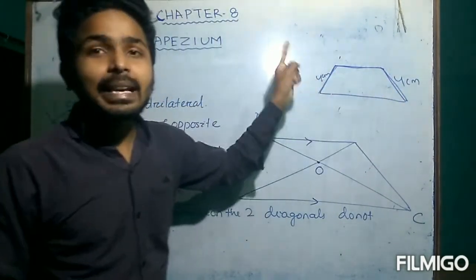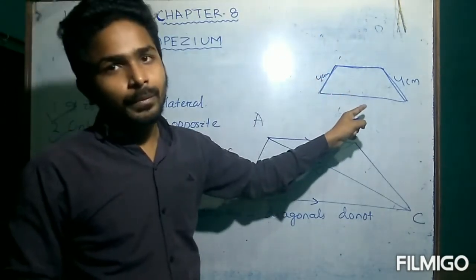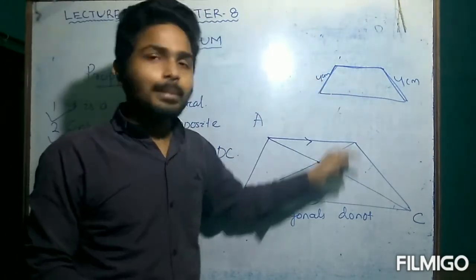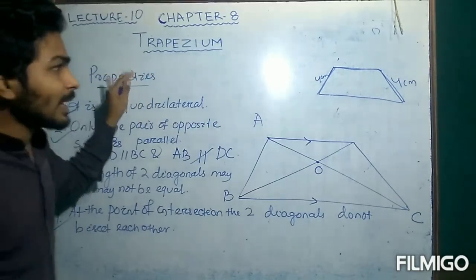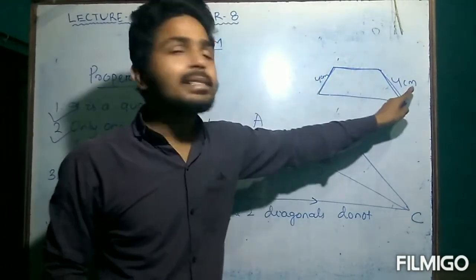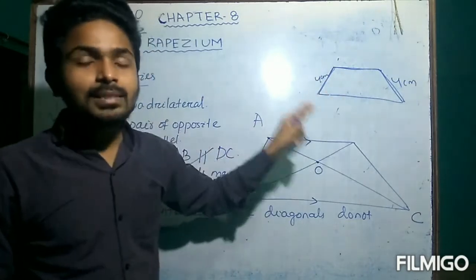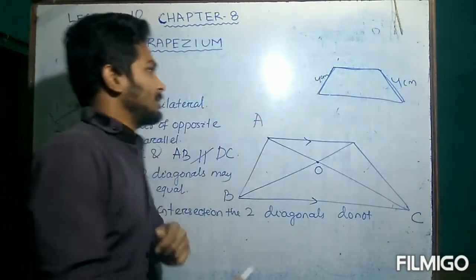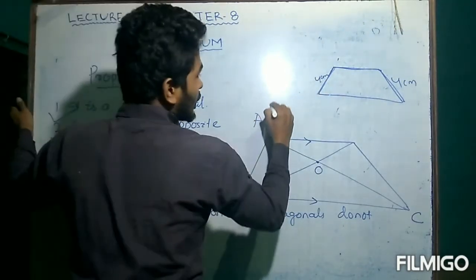It is known as isosceles trapezium. If the lengths of the two non-parallel sides are equal, then it is known as isosceles trapezium. Note it down.